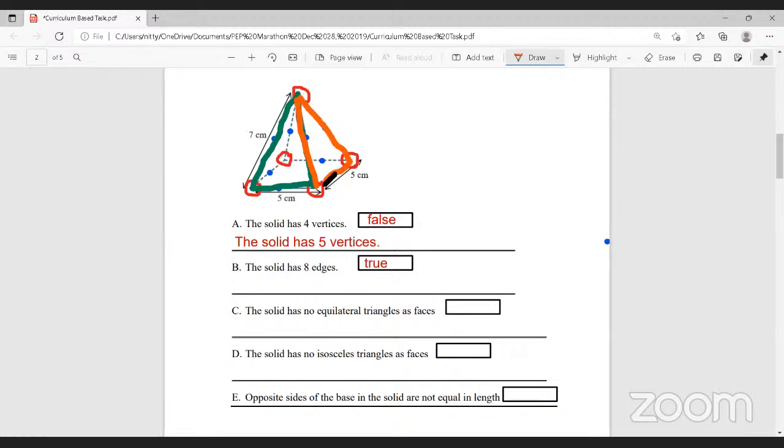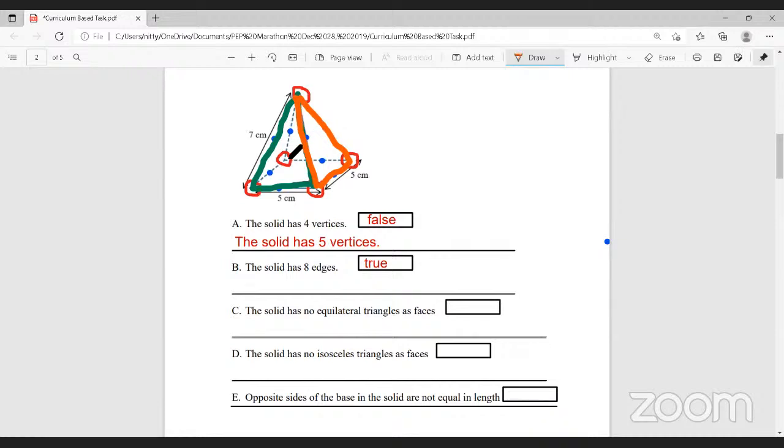And if you are following what is happening with this solid, you realize that all these edges from the base to the apex, or the top vertex here, are all of the same length. And because the base is 5 centimeters, one side of the triangle will have to be 5 centimeters. And so it means that the solid has no equilateral triangles.